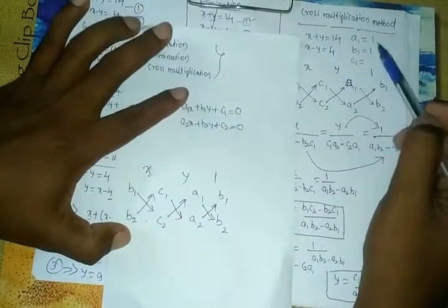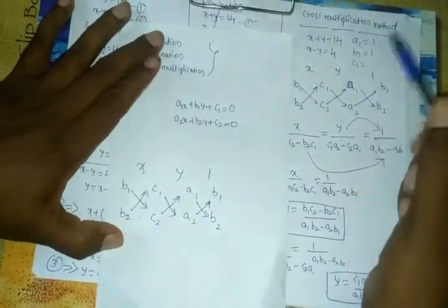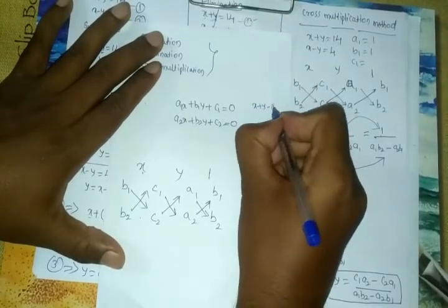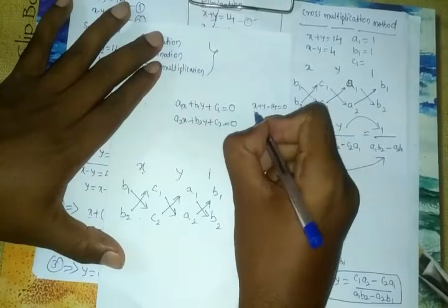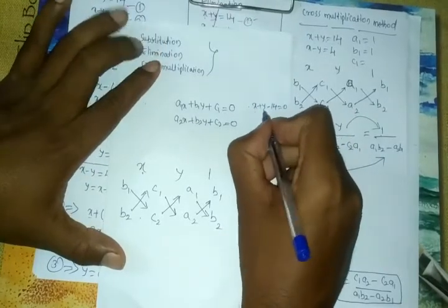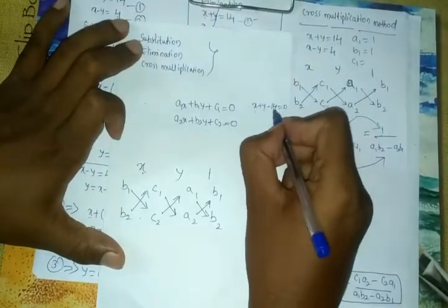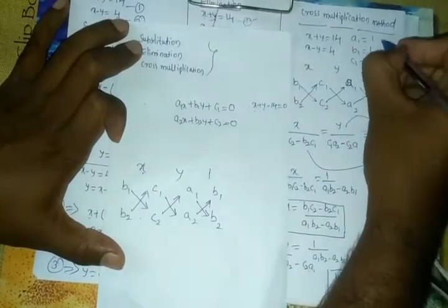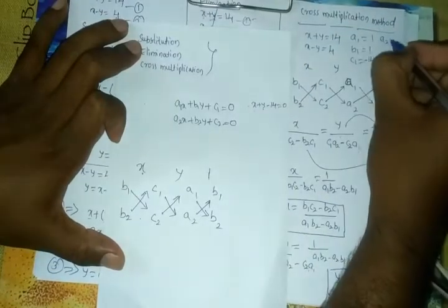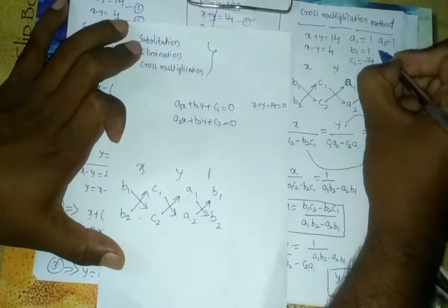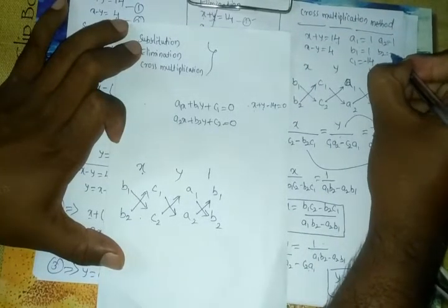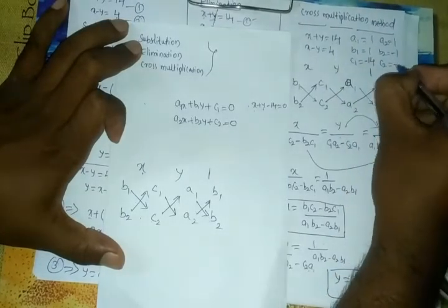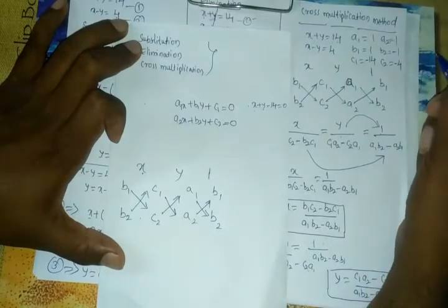So what will be this 14? It will be coming towards left hand side, so it will be minus 14. So a1 is 1, b1 is again 1, and c1 is minus 14. Similarly, for the second equation a2 is 1, b2 is minus 1, c2 is 4, it will come on LHS, it will be minus 4.